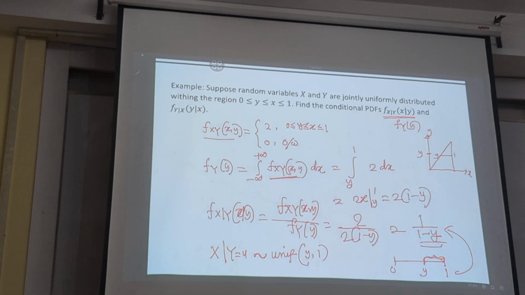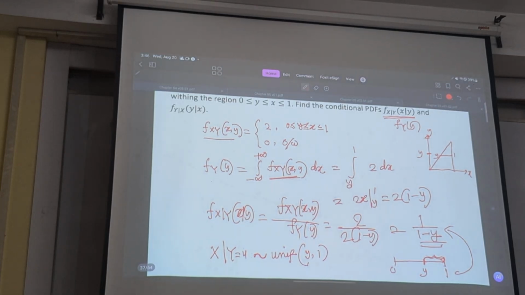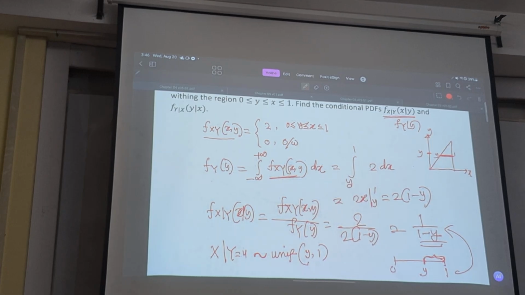And the shape of the PDF surface will be something like this, half of this square, and it is the same everywhere. Now, why is it y to 1? Because if you focus here, once you set y equal to 0, what is the limit for x? When you set y equal to 0.5, x still goes up to 1. And it is still uniformly distributed. That's what is here.